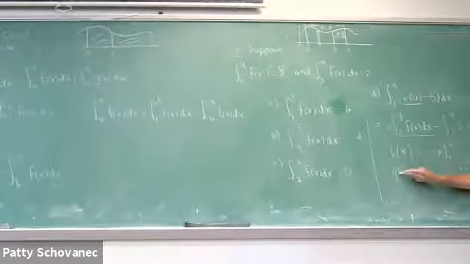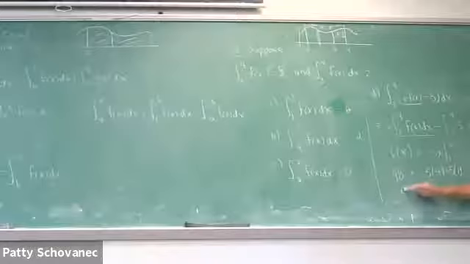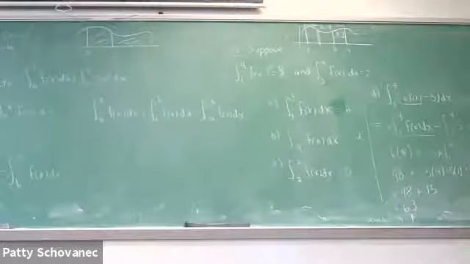6 times 8 is 48. This is 5 times 4 minus 5 times 1. 20 minus 5 is 15. And 48 plus 15 is 63. Why did I switch from a minus to a plus? Where did we switch from a minus to a plus? Oh, that was my bad.